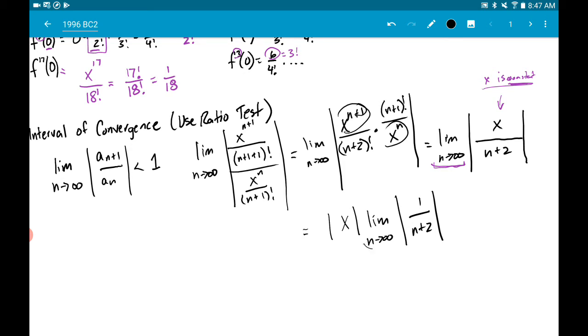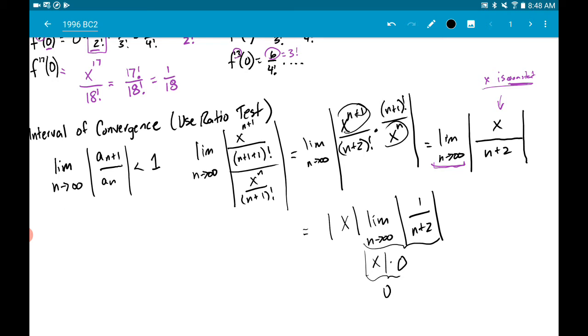Now, what usually happens is the limit at the end is a L'Hopital's, or it's a degree, or it's those leading coefficient things. This limit, you should know, goes to 0. And this end is actually really nice, because 0 times anything, no matter what value of x it is, is equal to 0.